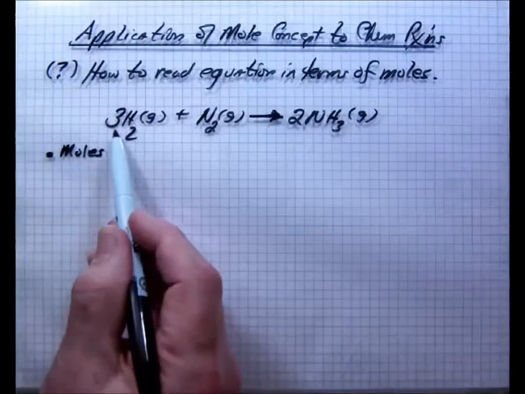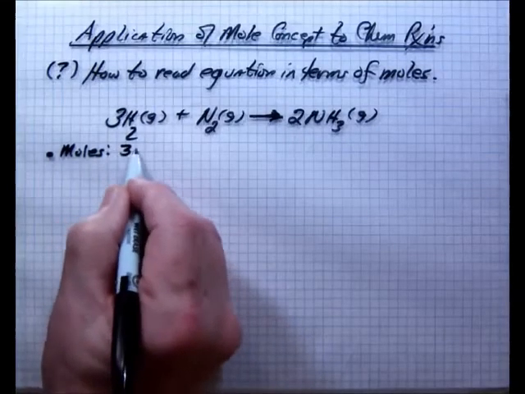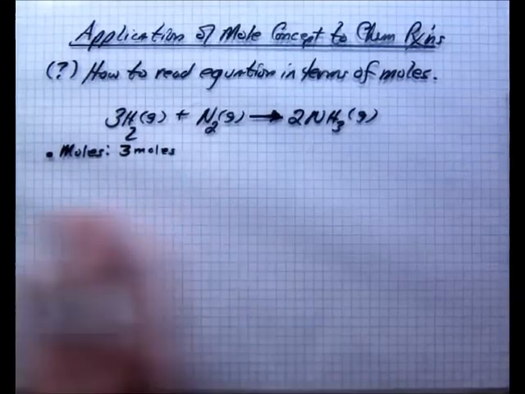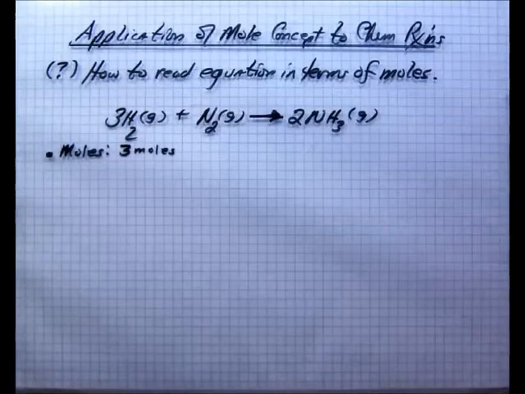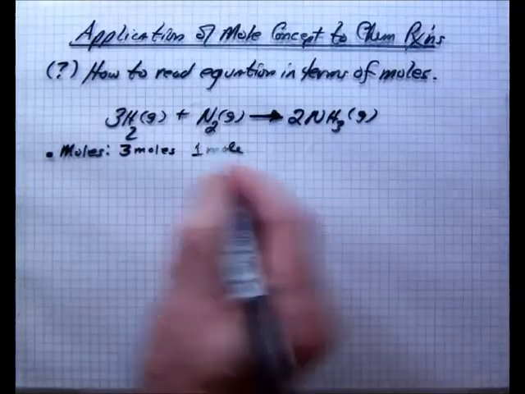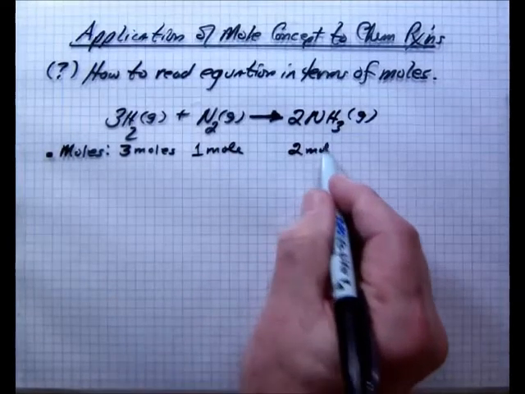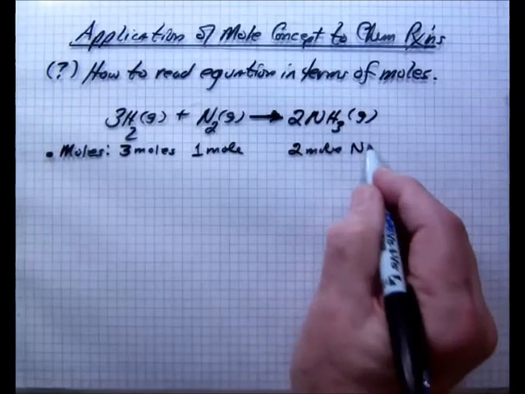So if you look at the coefficient of molecular hydrogen, we're talking about 3 moles of hydrogen, molecular hydrogen gas. 1 mole of molecular nitrogen and 2 moles of ammonia.